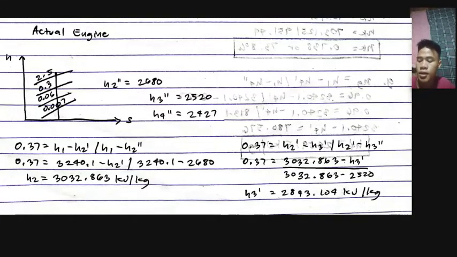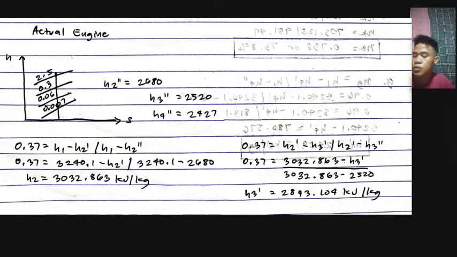So next, for actual engine. The illustration can be seen on the screen so that the problem can be easily understood. So 0.37 equals (H sub 1 minus H sub 2) over (H sub 1 minus H sub 2s).